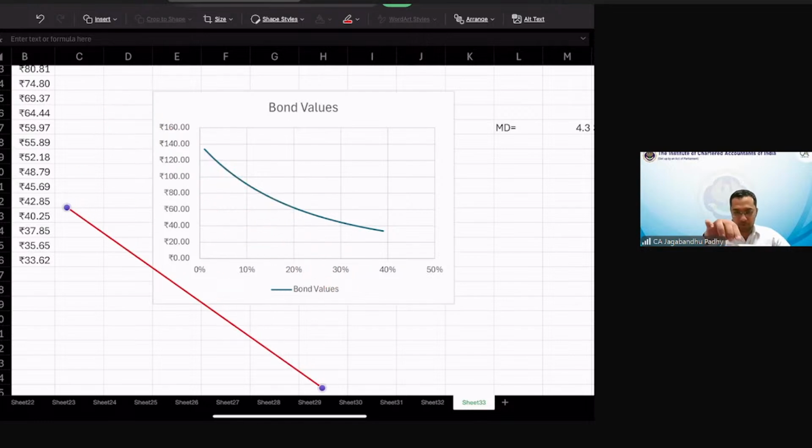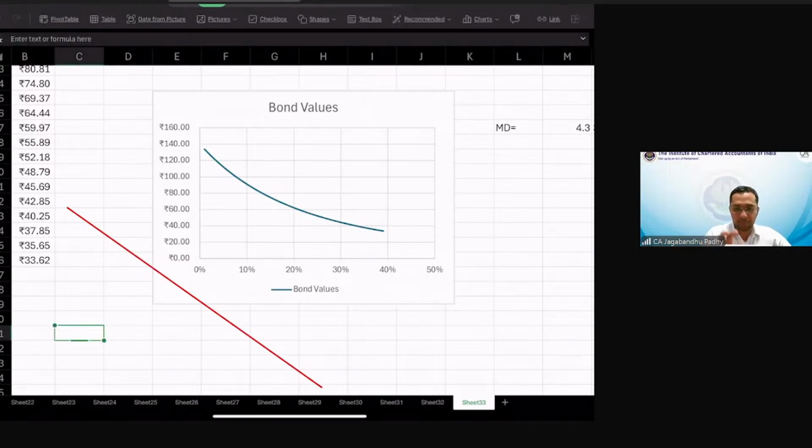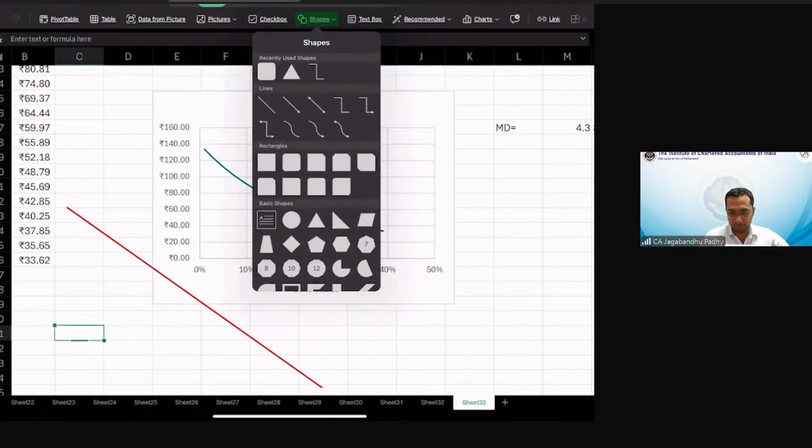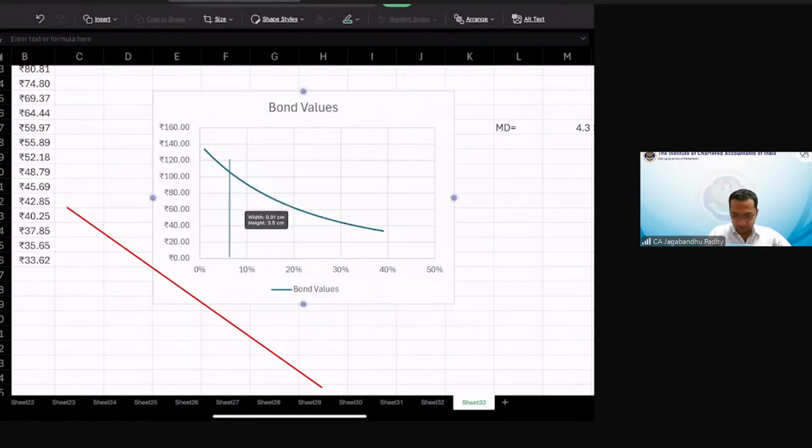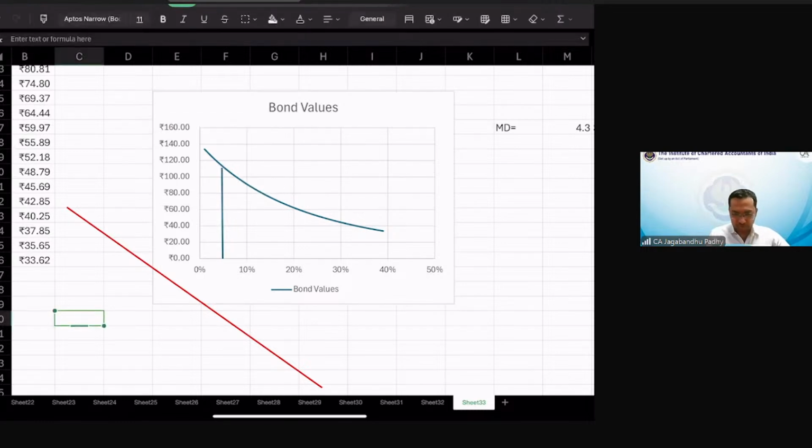Let me put it properly. The 5% YTM is over here, somewhere in between. Yeah. So this is the 5% YTM.